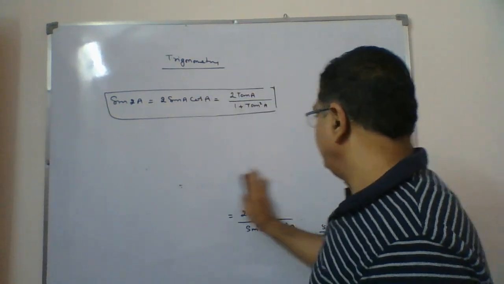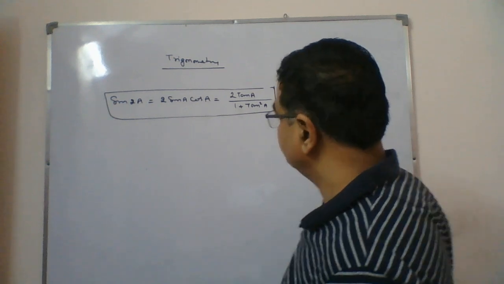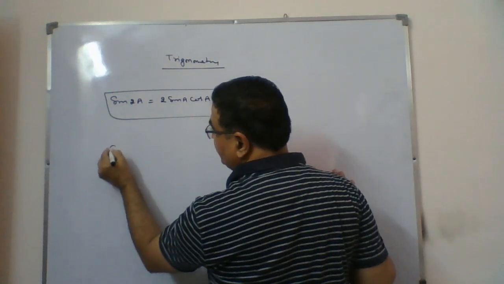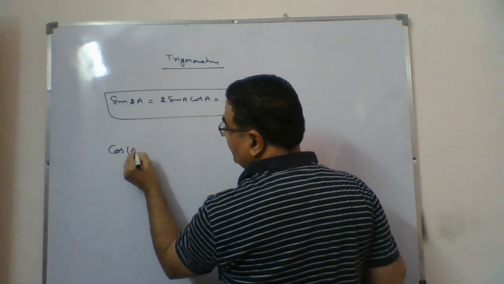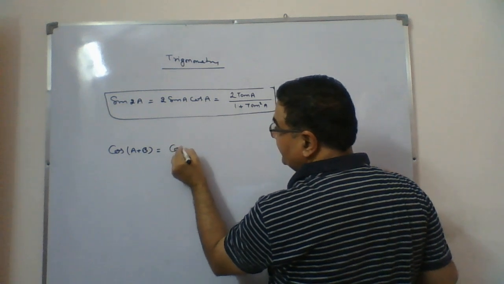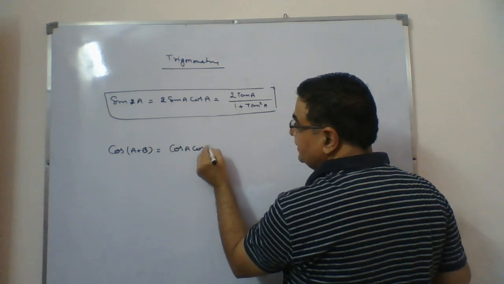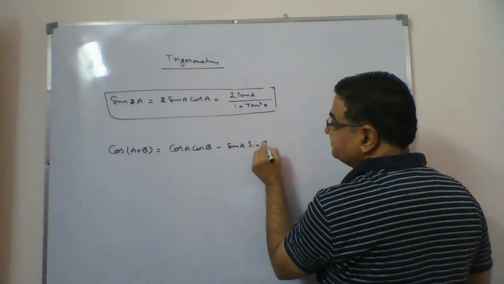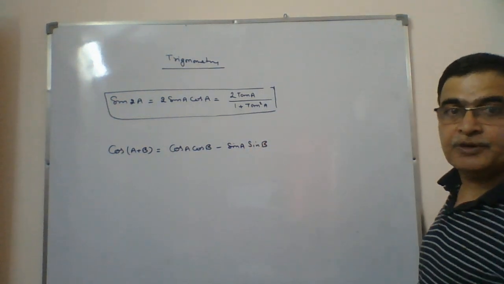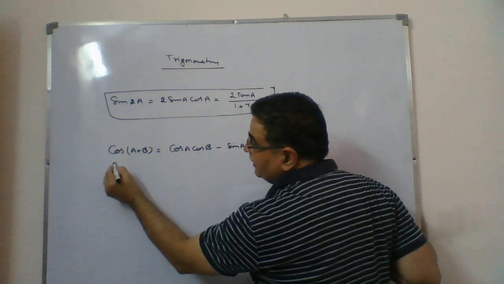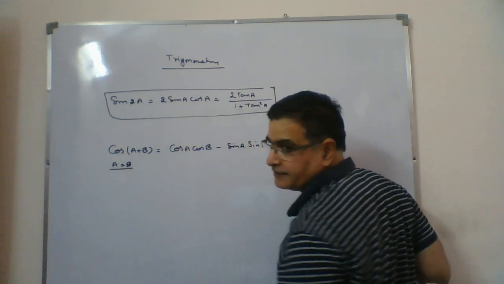Then we come to the next result, the cos A plus B formula, and then we'll try to solve it again. Cos of A plus B formula we have already done, that is cos A cos B minus sin A sin B. Again we will take A equal to B in this case.